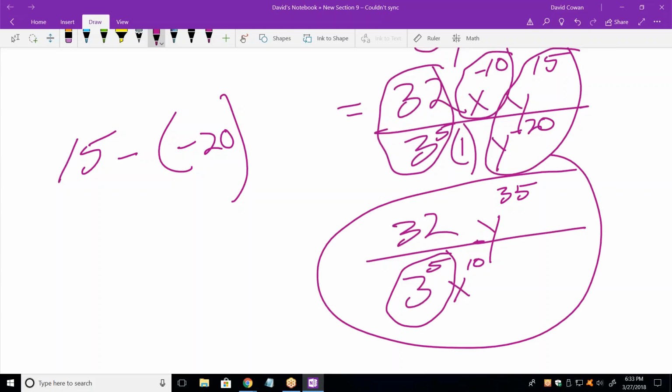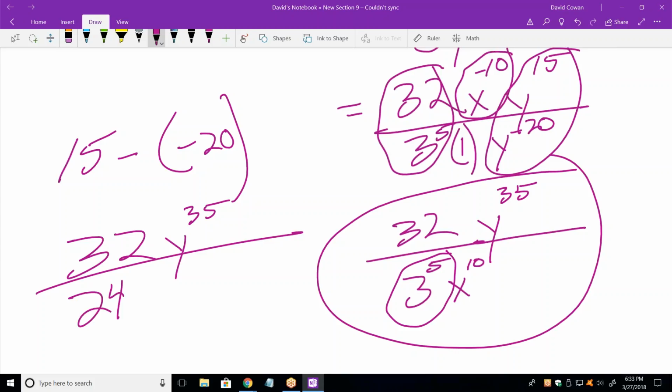I don't know what 3 to the 5th power is. I guess that's 3 times 81. So 32 y to the 35th all over 3 times 81 is 243 x to the 10th. Now, that's not divisible by 3.